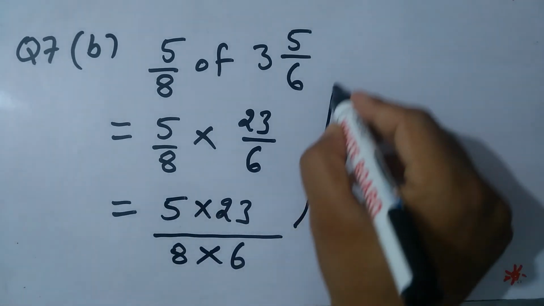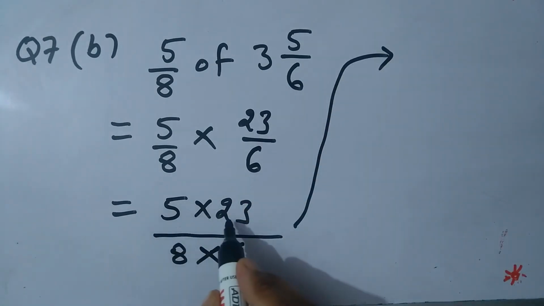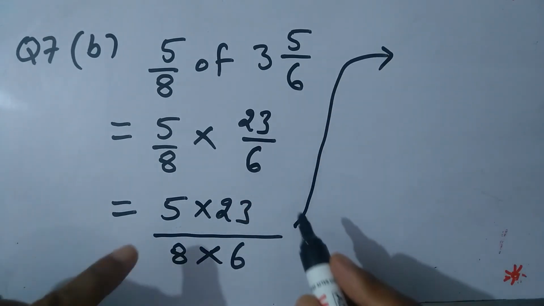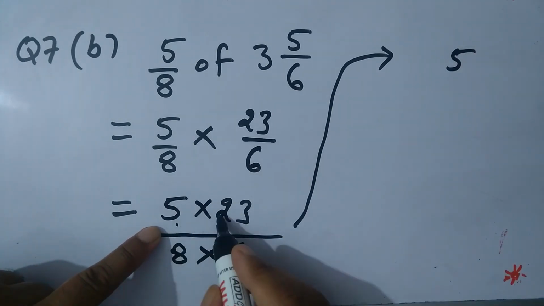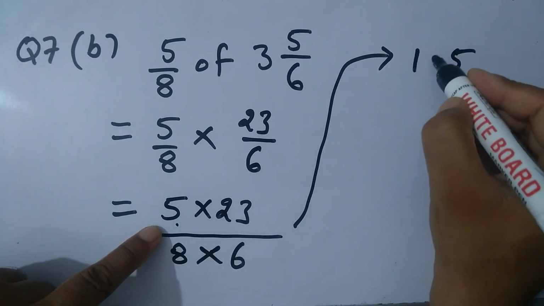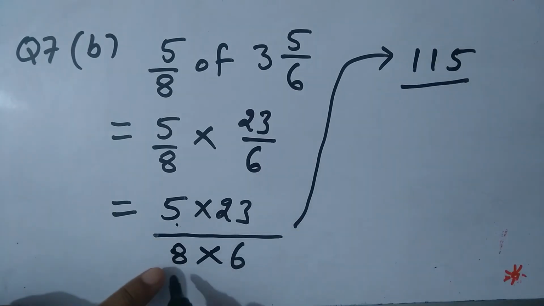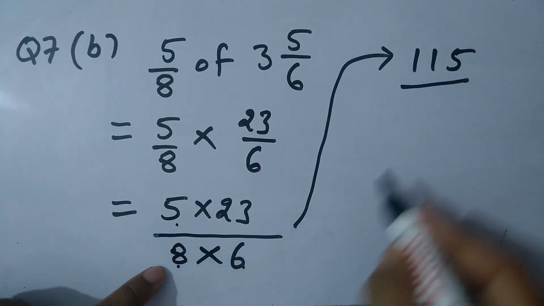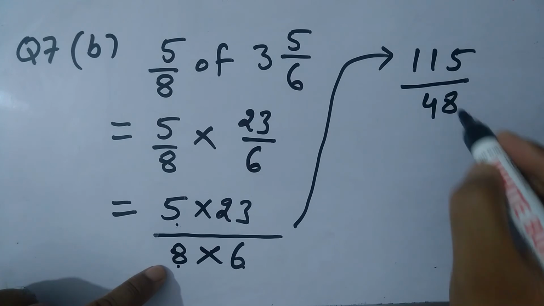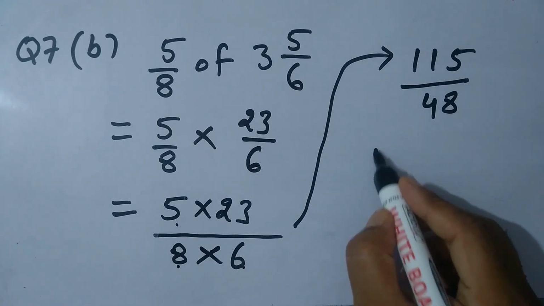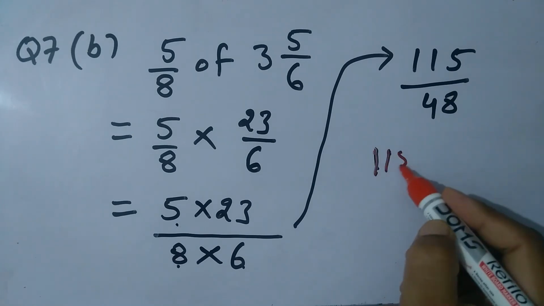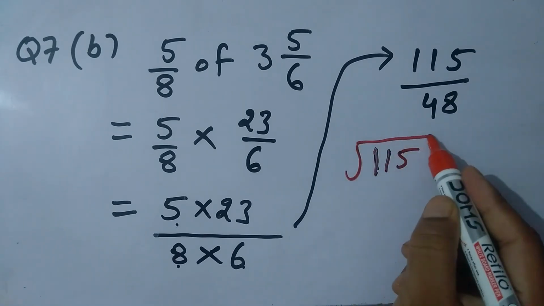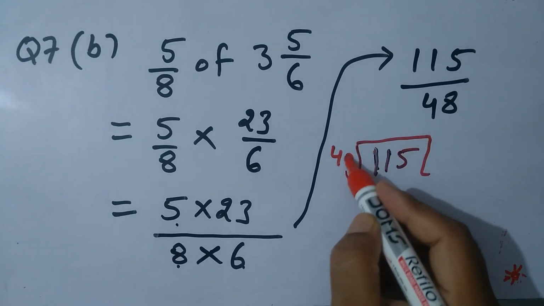So the answer is 5 into 23, meaning 5 into 3 is 15, 5 into 2 is 10, 10 plus 1 is 11, divided by 6 into 8, 48. So now we divide 115 is divided by 48.